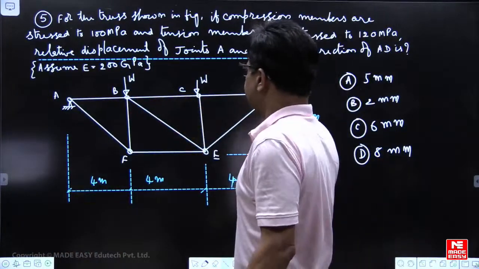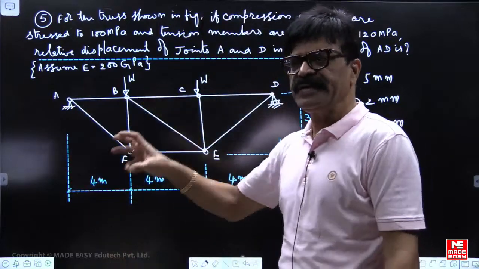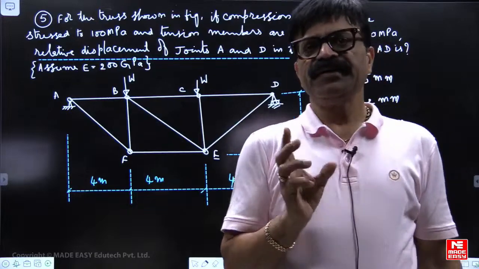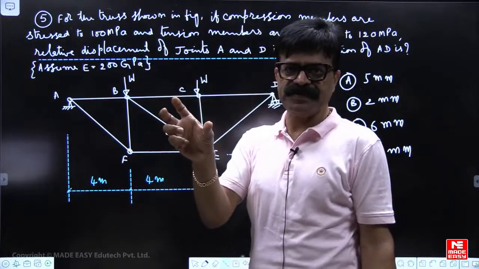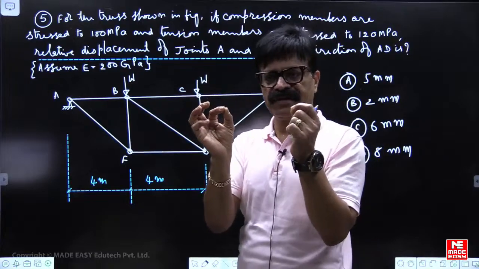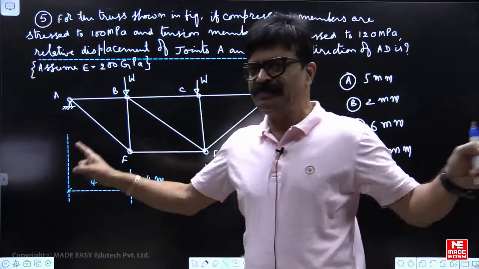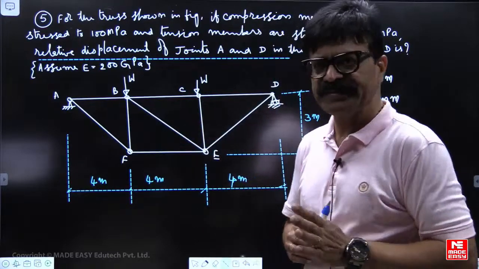In the direction of AD, if members are not there, again sigma P KL by AE. But if members are there, whatever individual elongations or contractions there are, you simply sum them. That will become the relative displacement itself. 30 seconds you can complete.